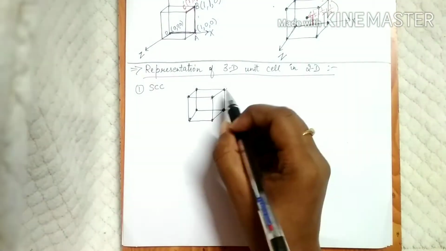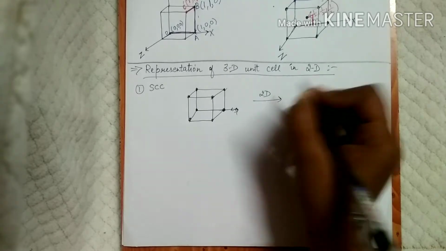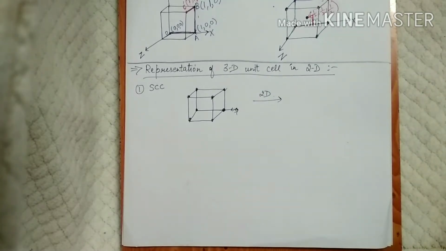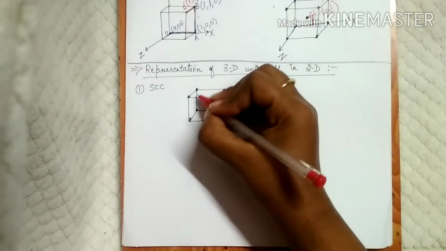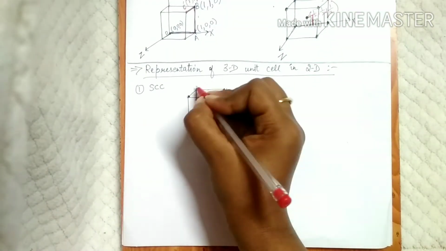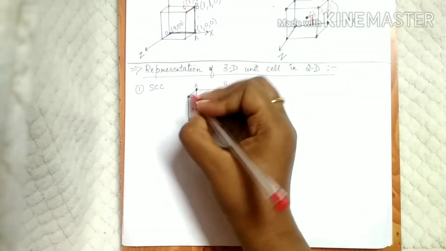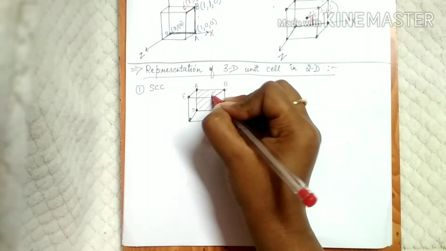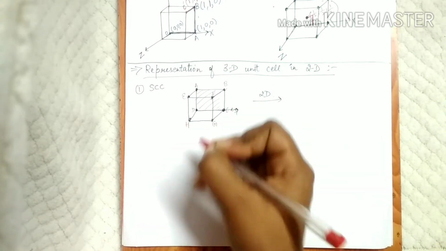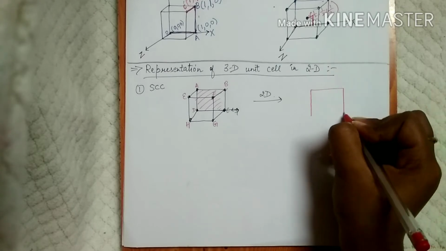Now we want to represent this 3D arrangement in 2D. So what we are going to do is take one face of it. Suppose I'm taking the back face. I'm naming it A, B, C and D, and the front is E, F, G, H. So I'm taking the ABCD face here.